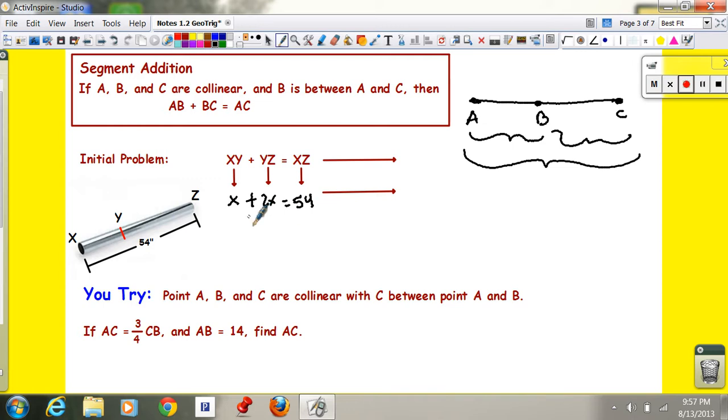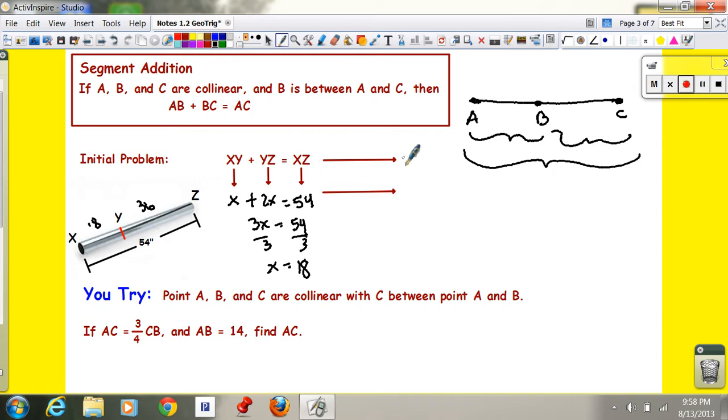So you're going to add your like terms and get 3X equals 54. And you're going to divide by 3. And you're going to get X equals 18. So if I was to cut it right here, this would be at the 18-inch mark. So this would be 18 inches. If I double that, if I do 2 times 18, I'm going to get 36. If I add these two together, you'll get your 54 inches.